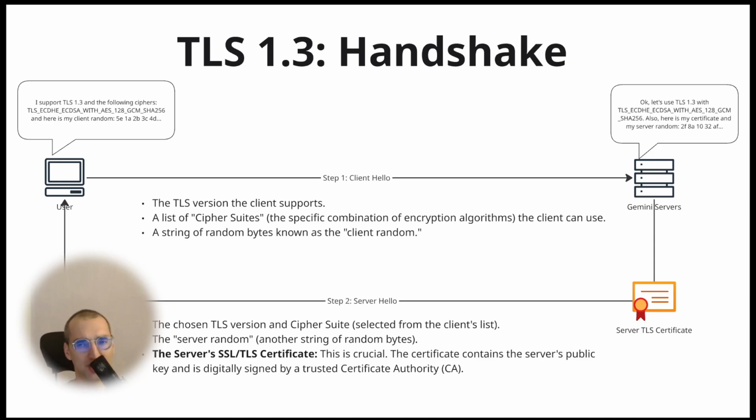There is no encryption yet at this point. And the server is going to reply, all right, I can use TLS 1.3, I support it. I also support the cipher suite you sent to me, and also here is my certificate and my server random, right? So now Gemini servers receive the client random, the client receives the server random, and the server is also going to send back the TLS certificate.